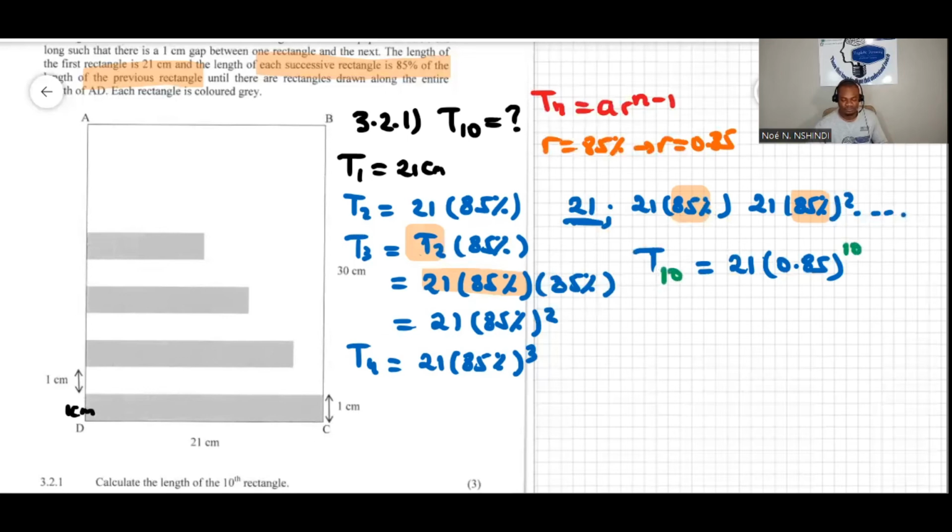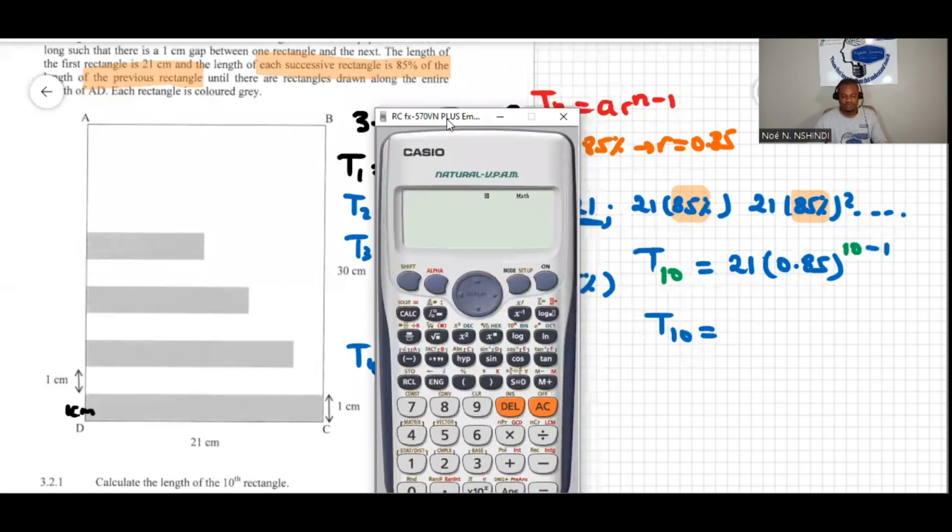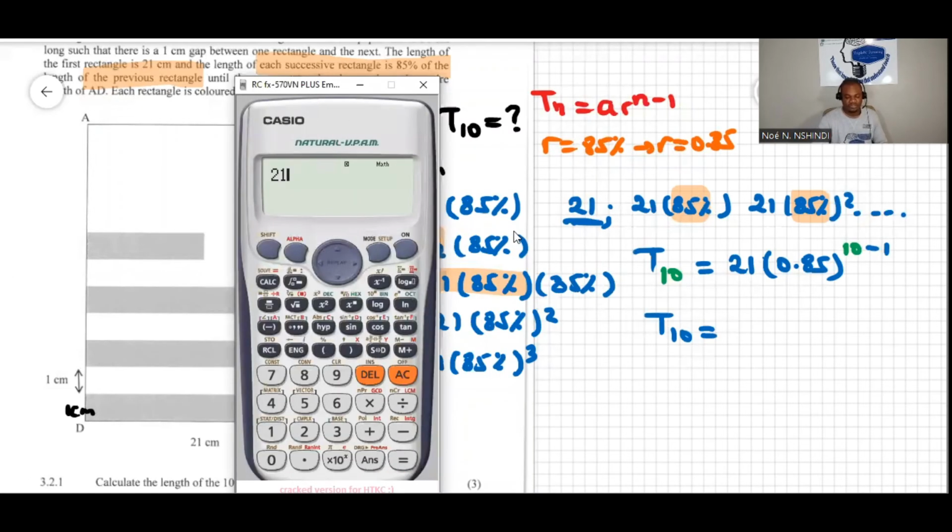Following the formula written above, T10 will be equivalent to, I'm going to use my calculator. I type in 21 and then open brackets, 0.85 to the power of 10 minus 1.